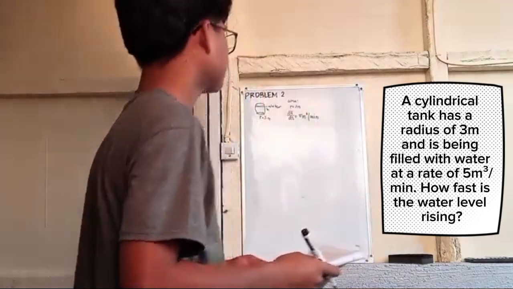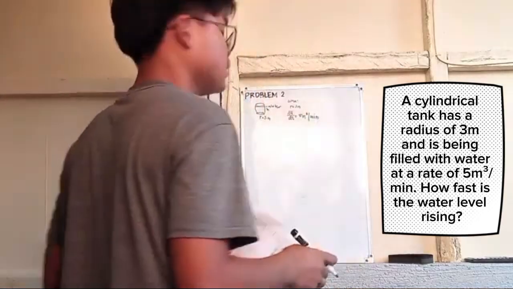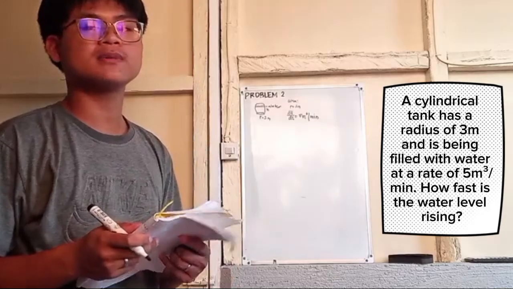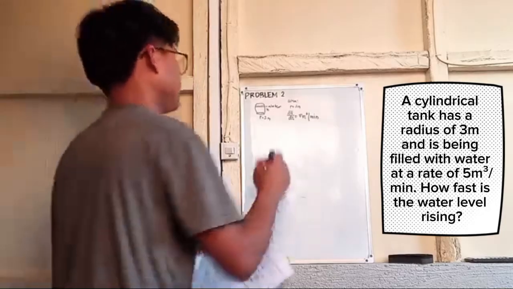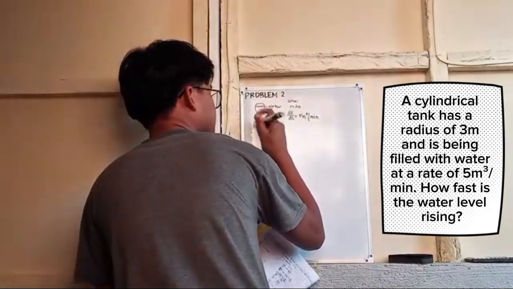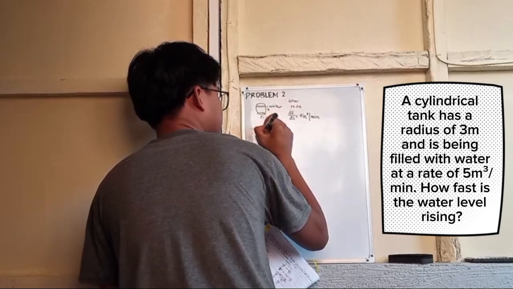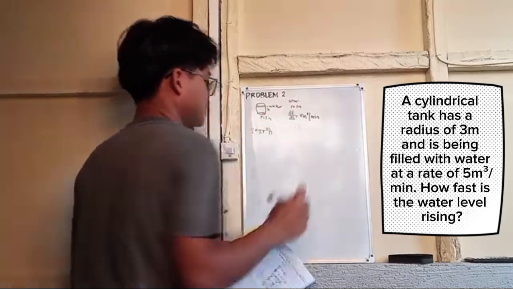Then we all know that the volume of the cylinder is equal to pi r squared h.